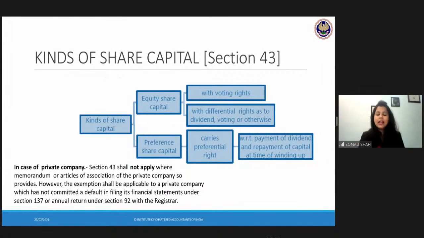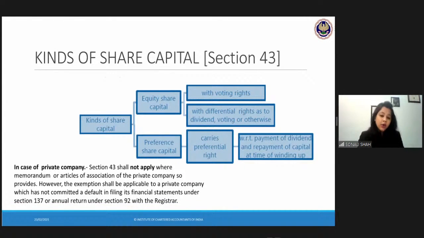What do you understand when you hear the word equity? Equity share capital. What do you understand from the word equity? Please share your answers. What is meant by equity? Right? So equity is nothing but your rights in the company, your rights in the share capital.